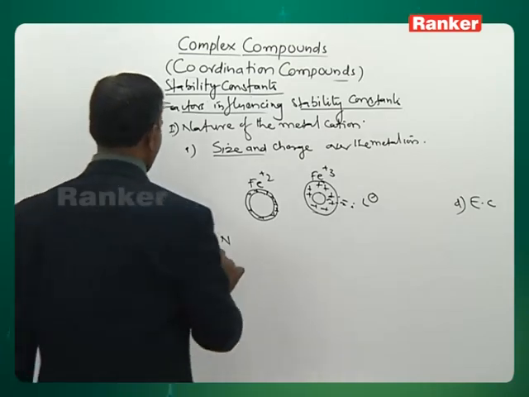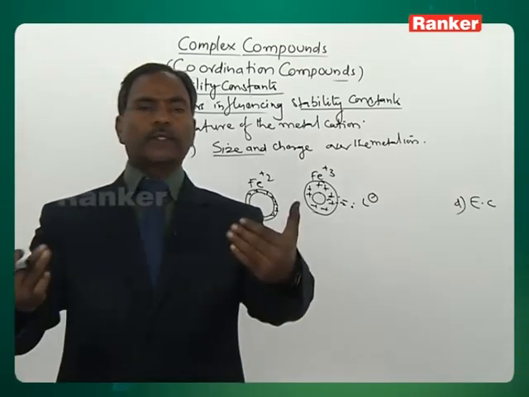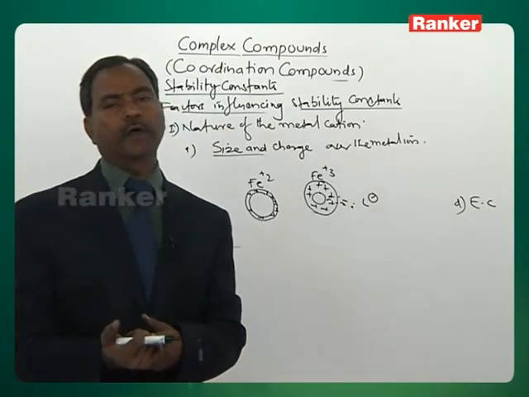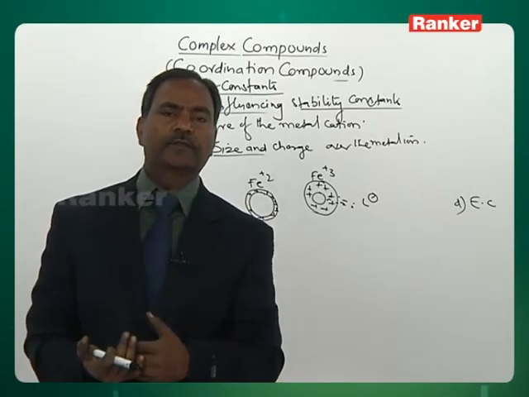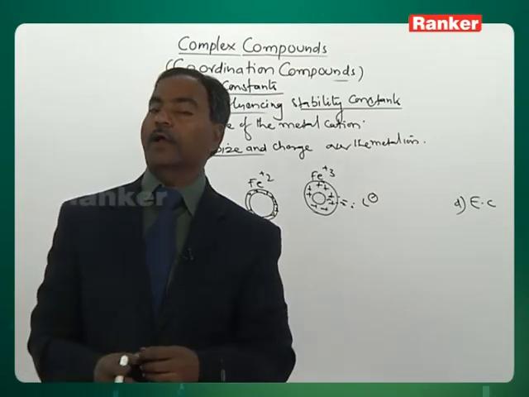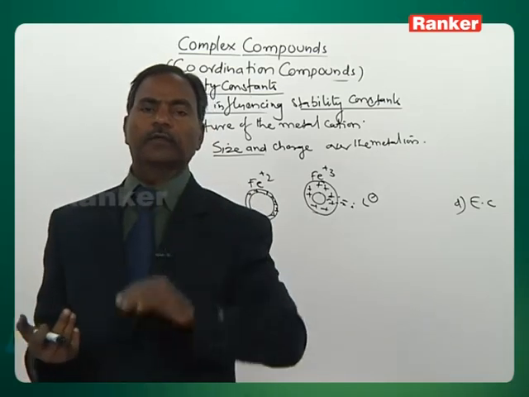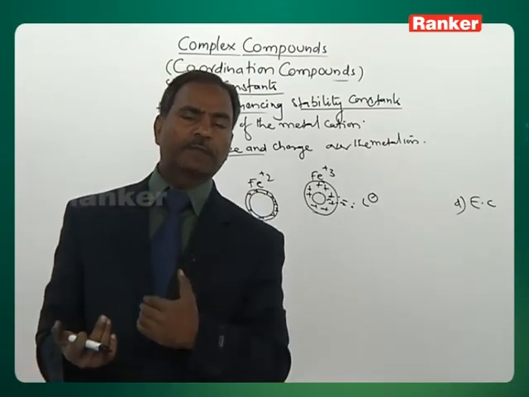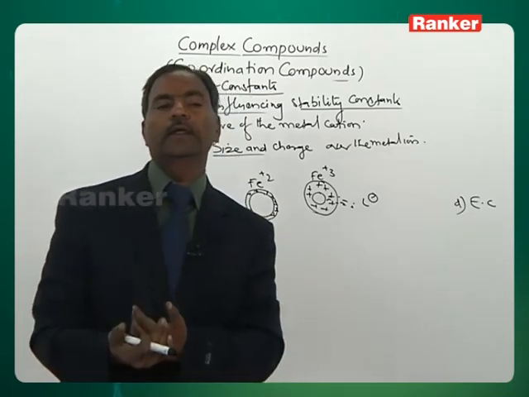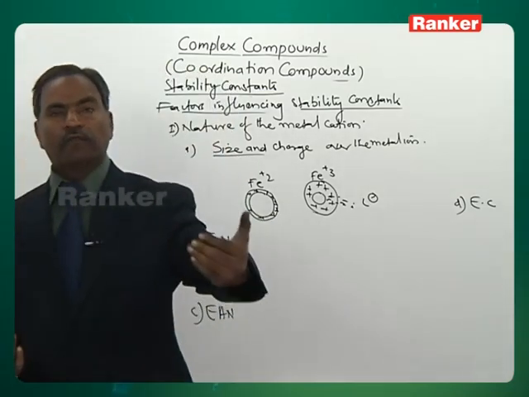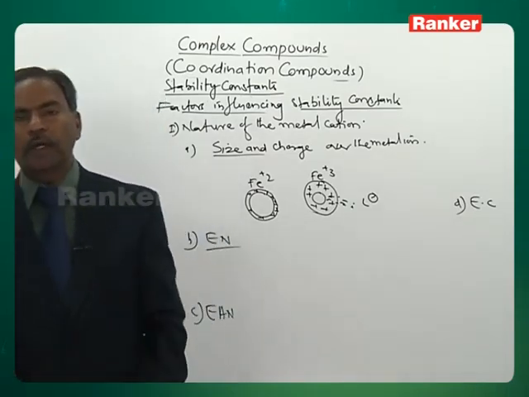Second one, electronegativity. What is electronegativity? The tendency to attract the donated pair of electrons, or the tendency to attract the bonded pair of electrons towards itself. A more electronegative metal ion easily accepts the donated pair of electrons from the ligand. Once it is easily accepting, the bond will be easily formed, and then we can say the strength of the bond will be high.